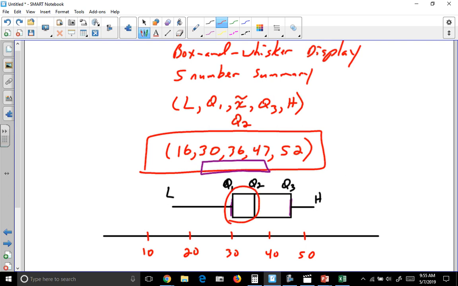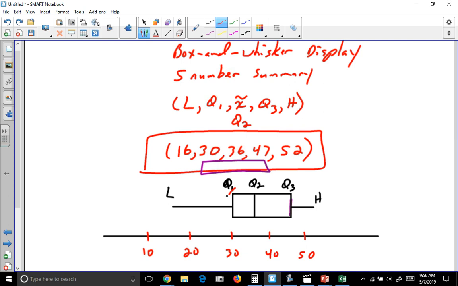Notice that region, that quarter is narrower than some of the other ones, so the data is more tightly grouped here, where this quarter is the widest, so data in this region is spread out more. So this just helps us to visually see how our data is distributed, how it is spread out.